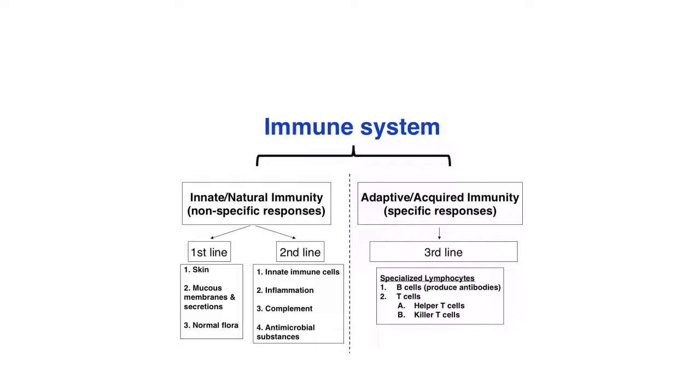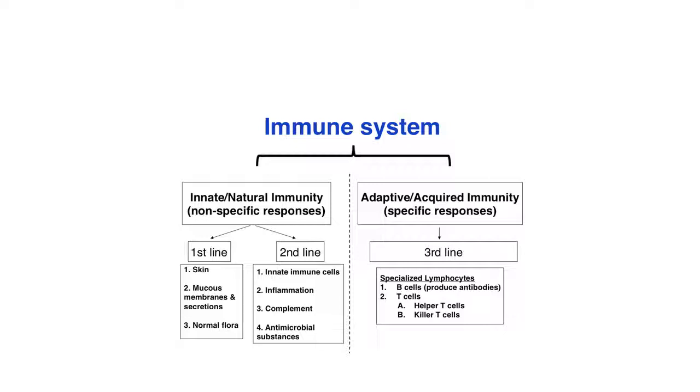There are non-specific responses which are performed by first line of defense and second line of defense. The first line of defense are barriers like skin, mucosal surfaces, membranes, and normal microbiota. And the second line of defense is what follows this original first encounter, or when the invader breaks through this first line of defense.